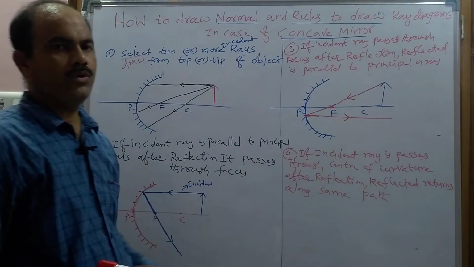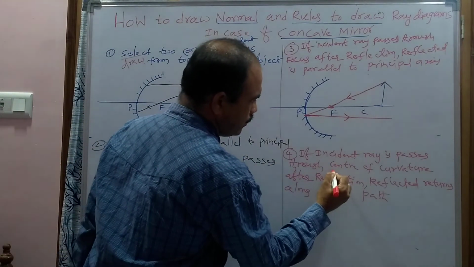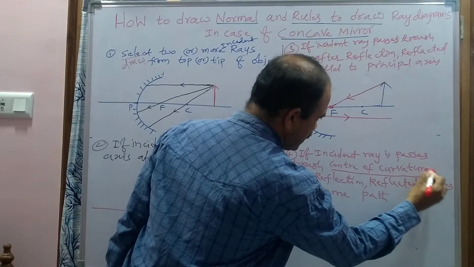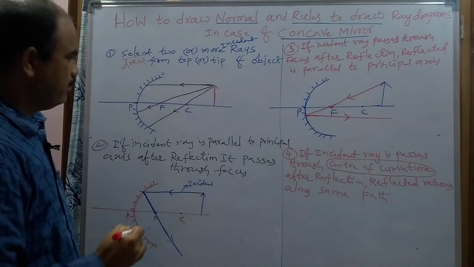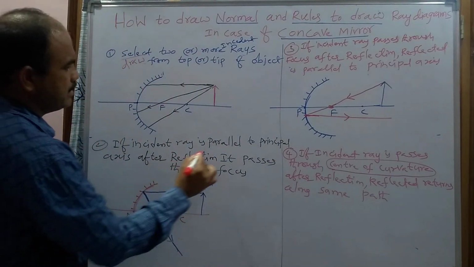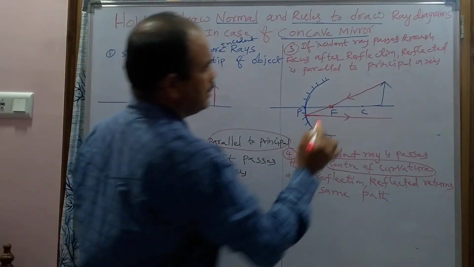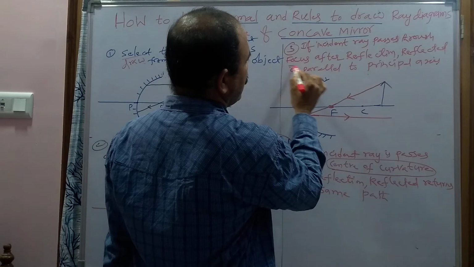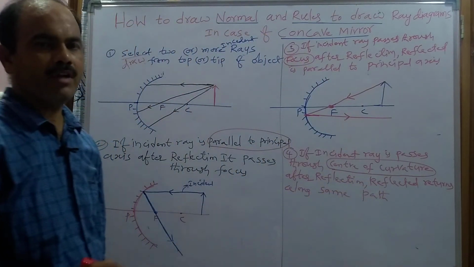This is the fourth rule. What is the fourth rule? If the incident ray passes through the center of curvature. So the second rule is the incident ray parallel to the principal axis, the third is passing through the focus, and the fourth is passing through the center of curvature.